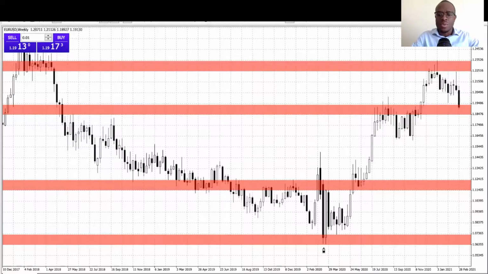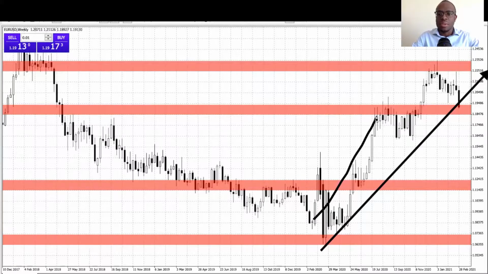So as we said last week, we have this general trend which is to the upside, and also there is a breakout pattern that has happened. Since the price has broken this zone, it will now be seeking to retest this 1.18476 zone, and we can notice that the price has already reached this zone that is going to be retested as a support zone.